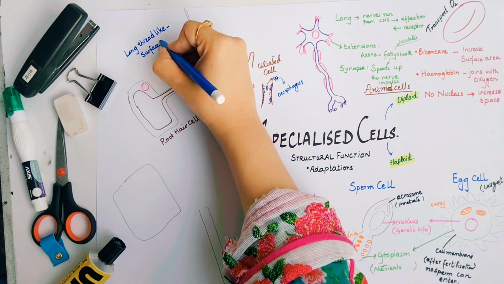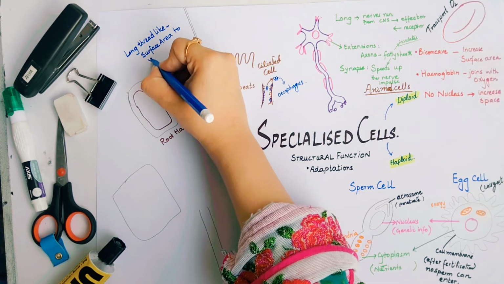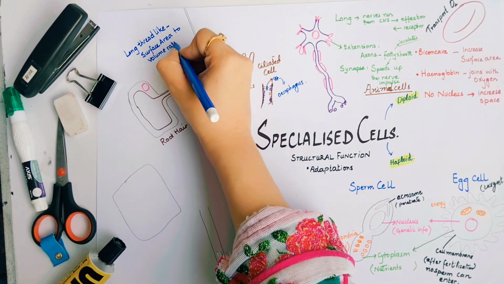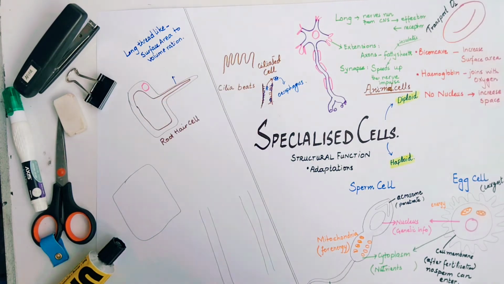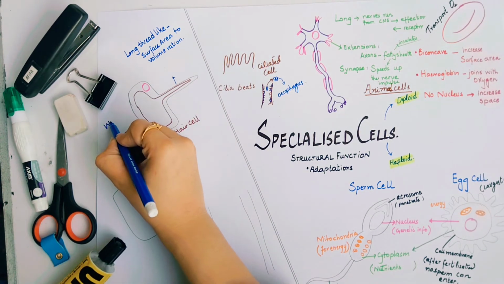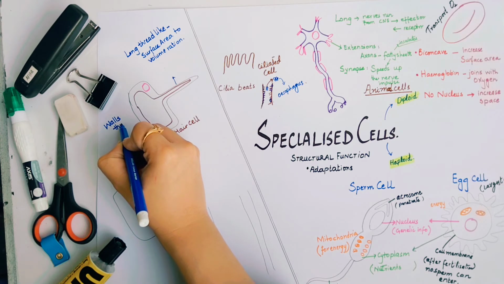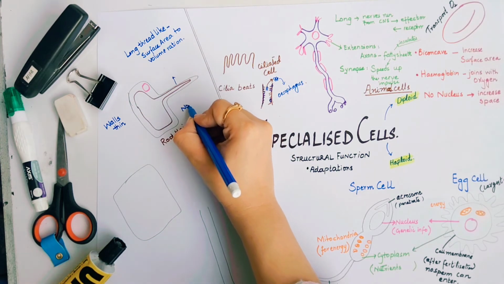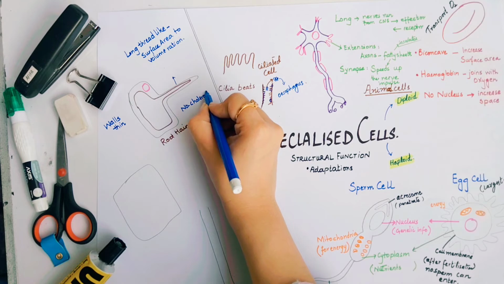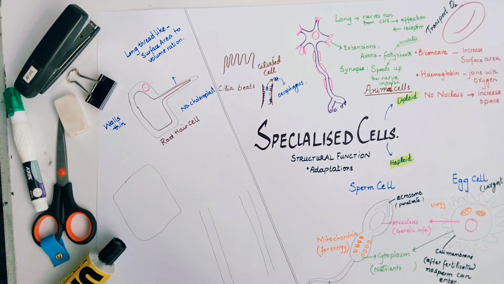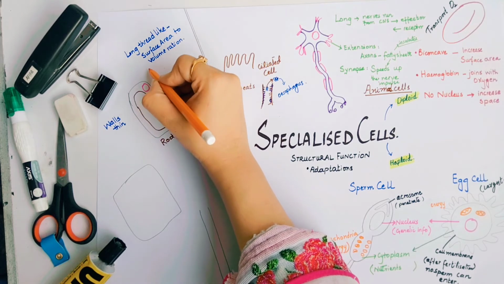It has a long thread-like structure which increases the surface area to volume ratio. In the exam, if they ask you to write down the adaptations of a root hair cell or how a root hair cell is adapted to carry out its function, you are going to mention that it has a thin cell membrane, one cell thick, which allows fast diffusion.